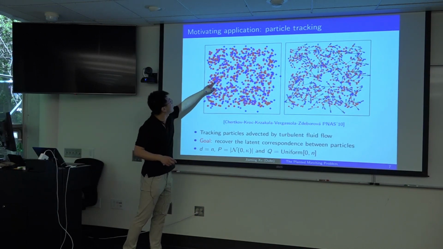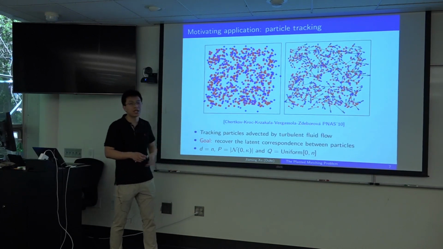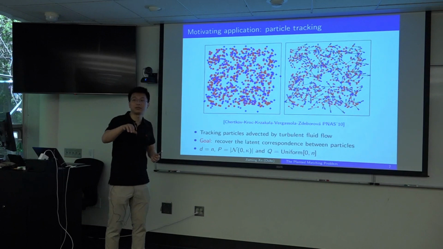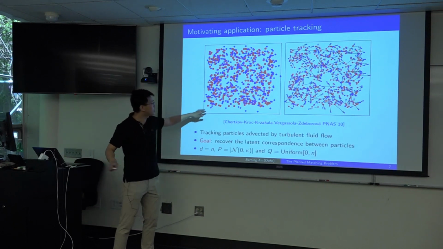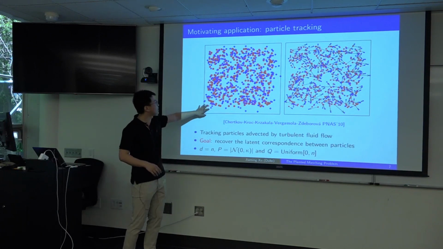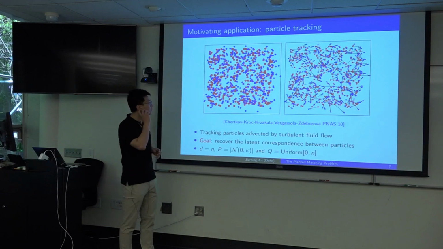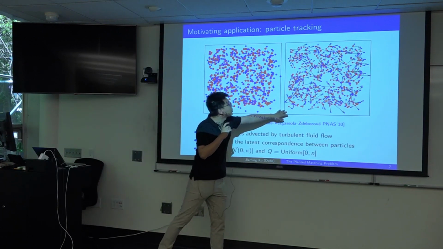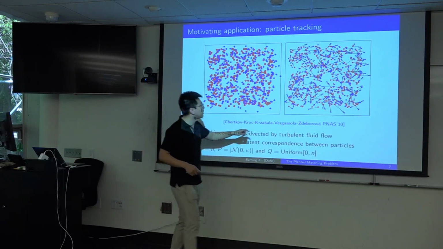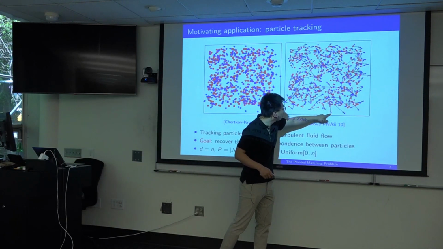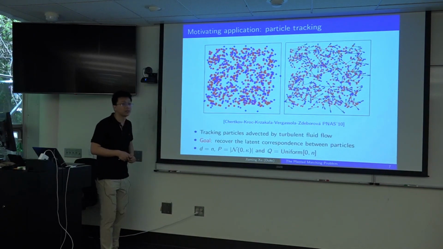The red dots here are the particles in one frame, and the blue dots are the particles in the next frame. They move a little bit, so they are at new locations in the next frame. So I put these two frames together, that's why you see these blue dots and red dots. On the right-hand side, I show you the ground truth, the true movement. You can see that, for example, this particle moved to this point at the next time, right?